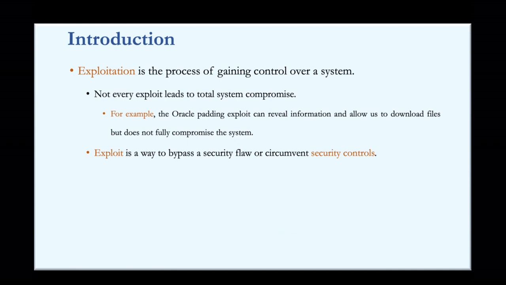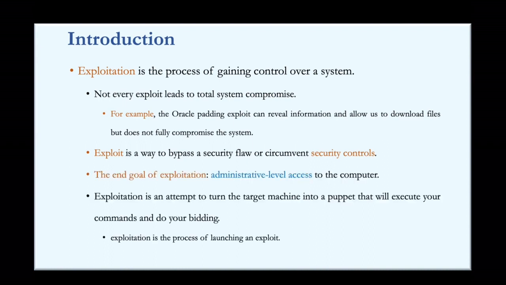Exploitation is an attempt to turn the target machine into a puppet that will execute your commands and do your bidding. Exploitation is the process of launching an exploit on the target system. An exploit is the realization, actualization, or weaponization of a vulnerability on the target system.